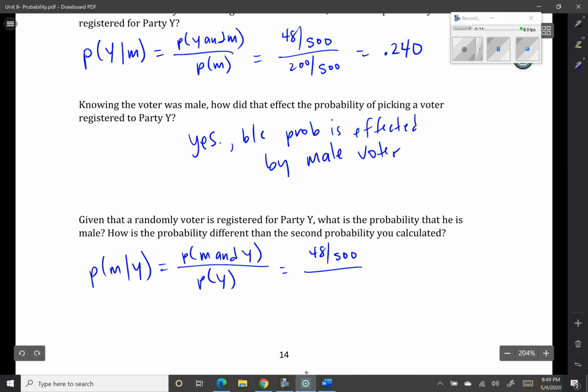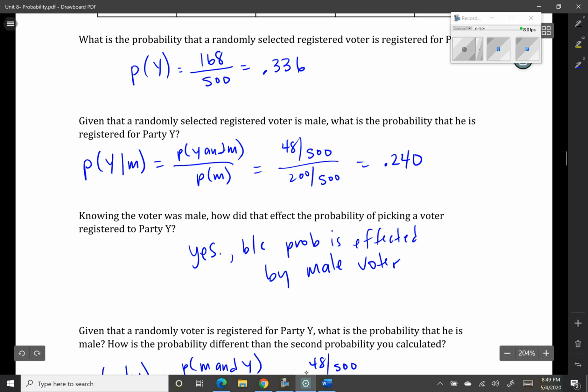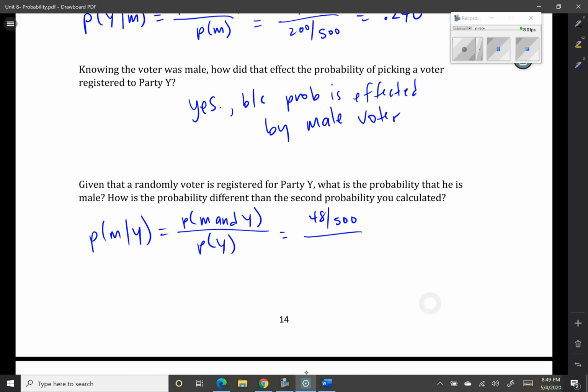What's the probability of being a Y voter? So Y voter was 168 out of 500. So I could say, I'm sorry, I did that totally wrong. 48 over 500 divided by 168 over 500. What we could see here is that this probability is also different.